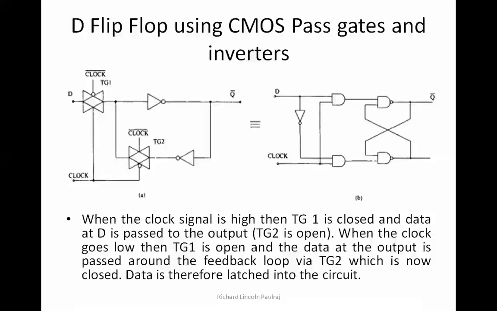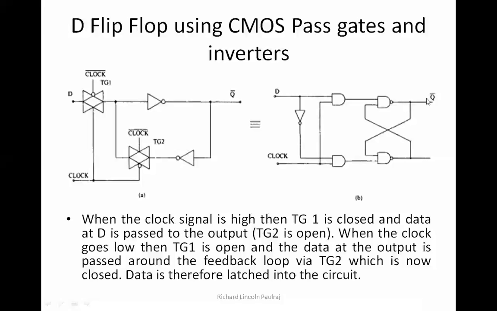Now, as we all know, this is our structure of the D flip-flop, where one of the inputs and the inverted input is given as input to the other gate. The second stage of our gates are cross-coupled, which means one gate's output is given as input to the other.